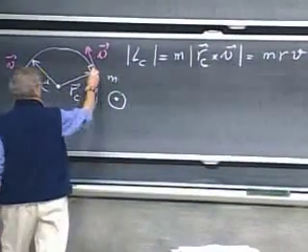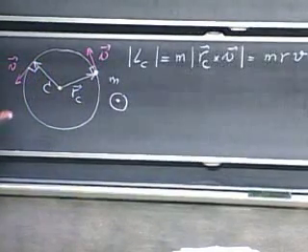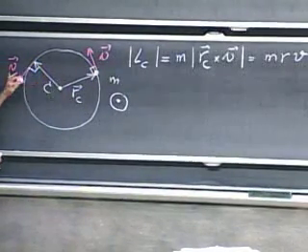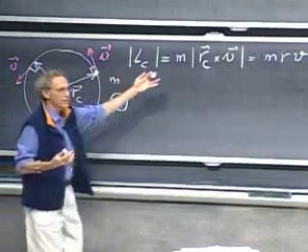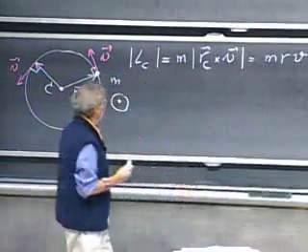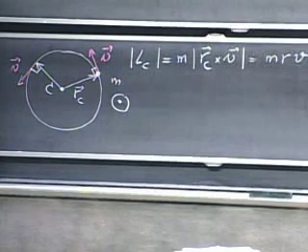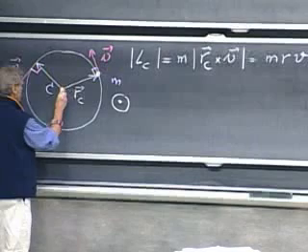This is the case when the object is here, but when the object is here, the situation has not changed. Again, r cross v, the magnitude is exactly the same, because the sine of the angle hasn't changed. And so you see here a case whereby the velocity is changing all the time, but the angular momentum relative to point C is not changing.